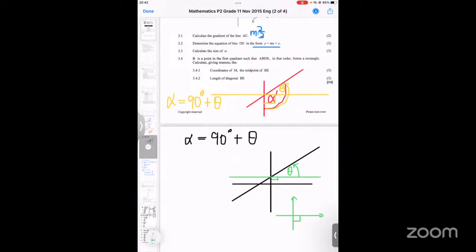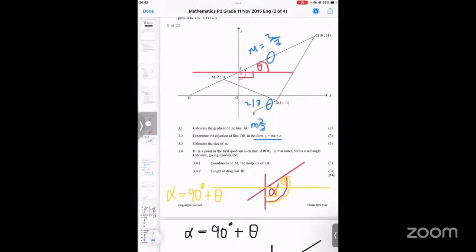So what I'm saying is, once we know that angle, if we take 90 and we add it to that, the angle that we get is that one, which is alpha, for that question. I'm not sure, Ethan, if you get me on that.